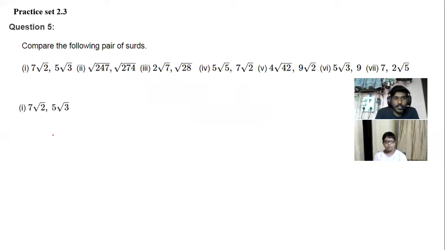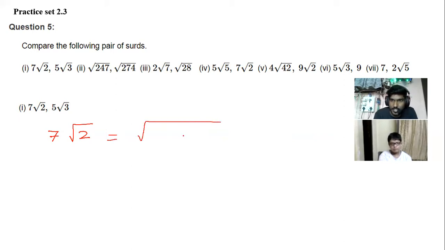Okay. First one, let us start with 7 root 2. Do you remember the method, the technique? Sir, did we multiply 7 multiplied by 2? No. You have to take the square of the number which is outside the radical sign. Which number is outside the radical sign here? 7. So you put a big square root sign, radical sign.